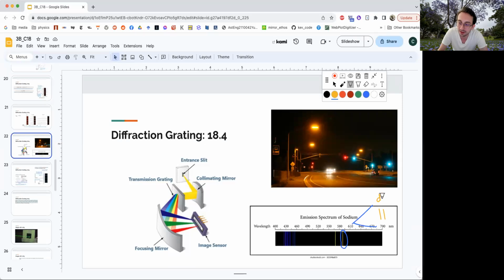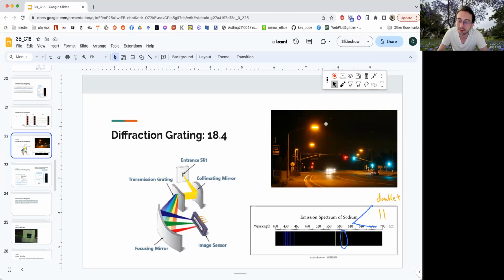And so if you're an atomic physicist or some type of chemist, we call this a doublet, since there are two. And so the sodium yellow doublet, which actually comes from transitions from the d orbitals, so some people call it the d doublet, is the reason that sodium lamps look so bright and yellow.